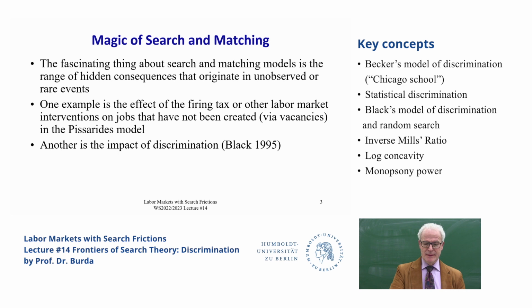Okay, and again, we've already seen one example of this: when you put in the firing tax in the old original Pissarides model, you do indeed reduce the amount of firing, but you also may reduce the amount of hiring. So the net effect of that could actually be that unemployment rises. So it's the same kind of thing we'll see today.